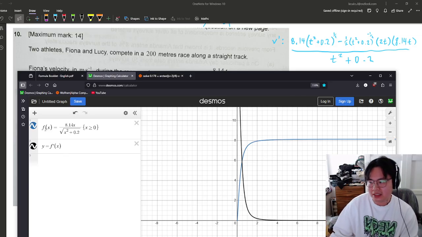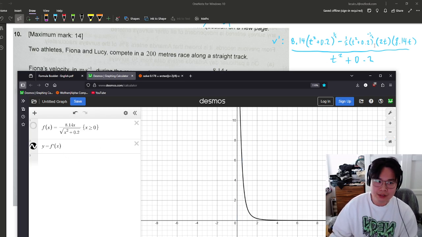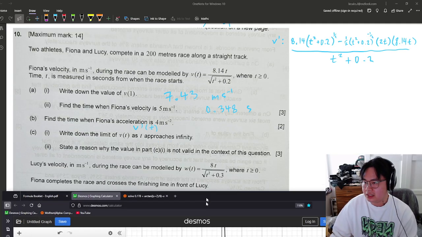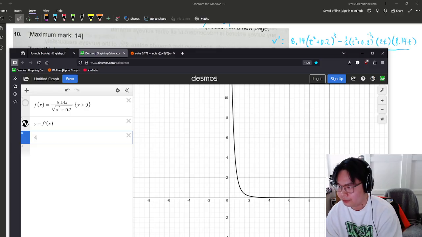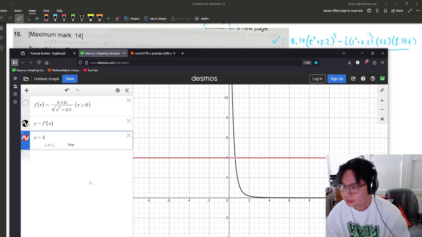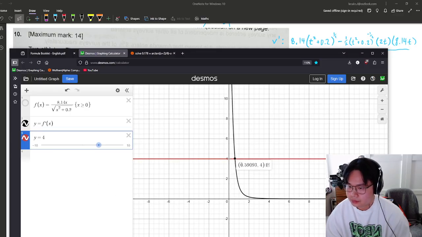Luckily in Desmos, if I define what f is, I can just tell it to graph the derivative. If not, you would graph this, right? Type this in. And then this is when acceleration is 4, so same thing. You're gonna graph 4. And then this is the time when Fiona's acceleration is 4. 5.9.